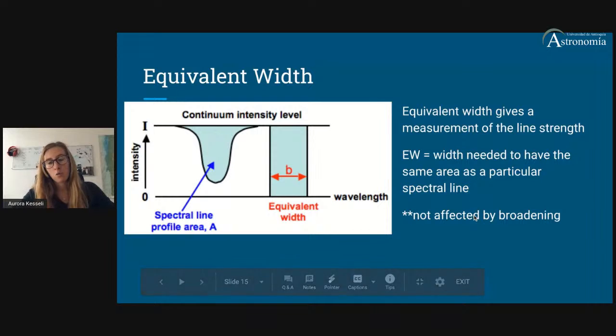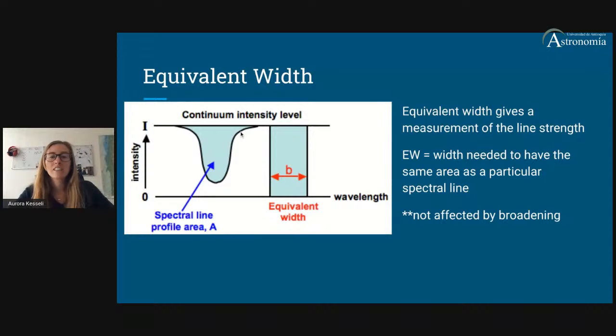What's a cool thing about the equivalent width is it's not affected by broadening. A broadening mechanism, like rotational broadening, for example, takes some of the photons that normally would be absorbed at the central wavelength, and they're just absorbed in the wings.